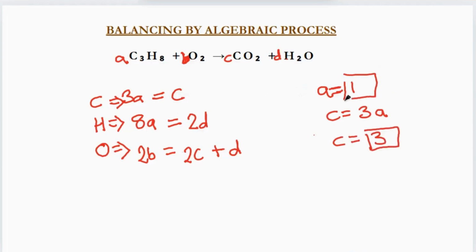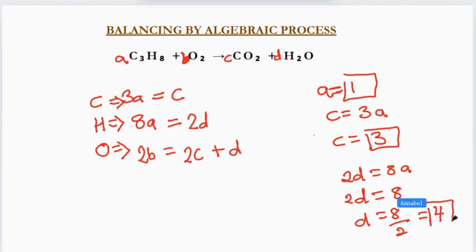And how about D? We know 2D is equal to 8A, so 2D is equal to 8, and D is equal to 8 over 2, which is equal to 4. So D is equal to 4.